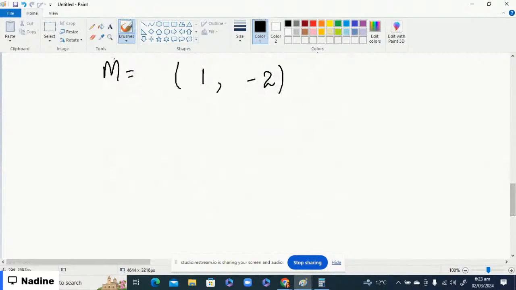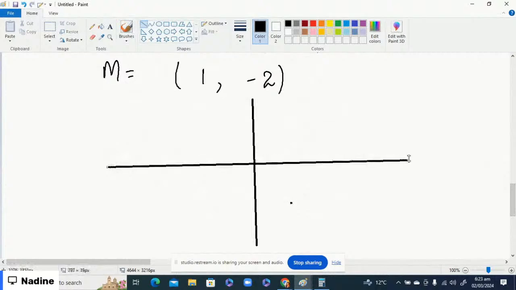Now if you want to draw this midpoint on the graph, like how it, this is y-axis, that is x-axis. Okay, this is positive x, that is negative x, positive y, negative y. Here is the point, middle point, which is 0.